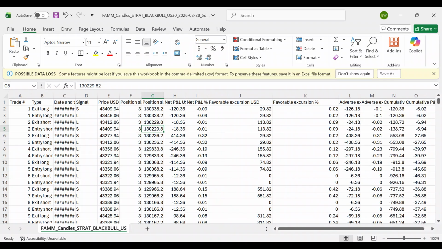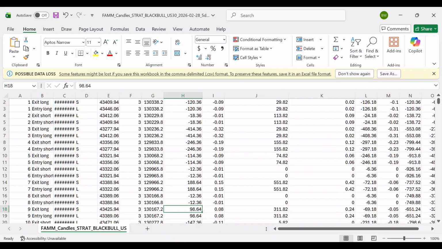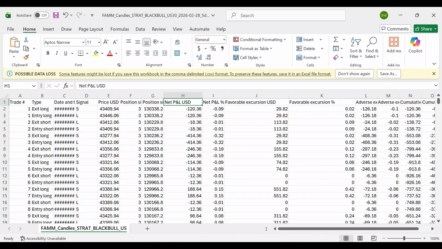What I want you guys to see here is this column, favorable excursion. What this means is how much profit was run up before this was closed out. Net P&L is where it closed at, right? I haven't gotten the exits together completely yet. I just did something simple.